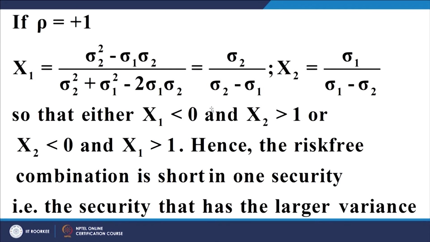And if rho is equal to plus 1, we get x 1 is equal to sigma 2 upon sigma 2 minus sigma 1, and x 2 is equal to sigma 1 upon sigma 1 minus sigma 2. You will recall that these were exactly the results that we obtained when we worked out the risk free combination in the situation where rho was equal to plus 1 or rho was equal to minus 1 explicitly by solving the expressions for the expected return and variance.